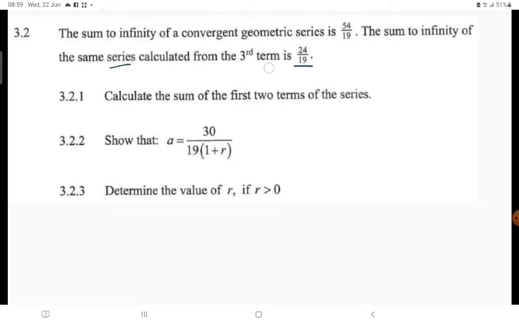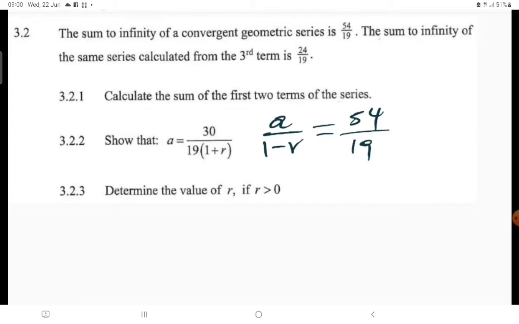Now we need to know that when they say the sum to infinity of the convergent geometric series, we are having a over 1 minus r. This is the formula for the sum to infinity. This one is equal to 54 over 19.